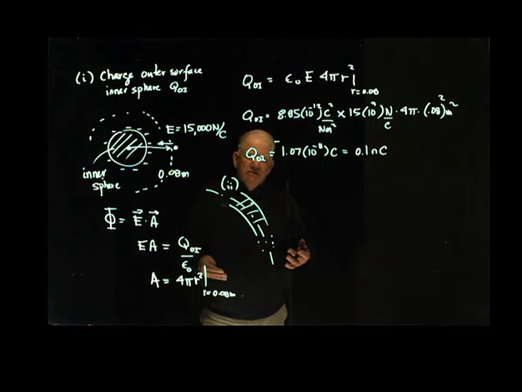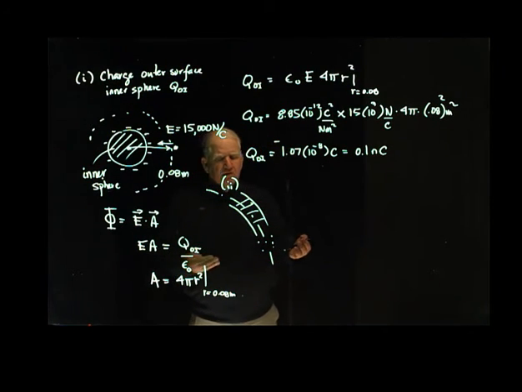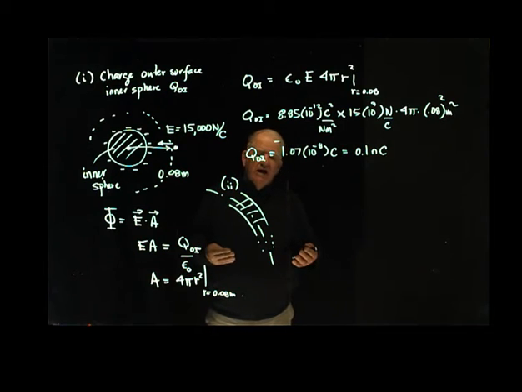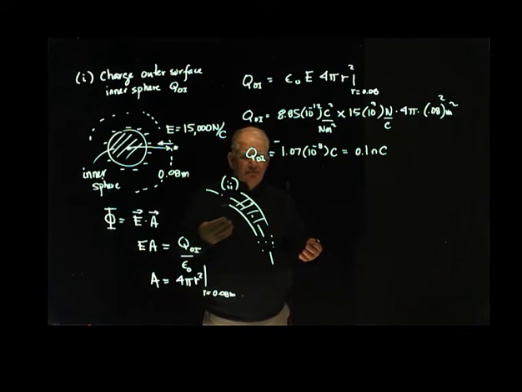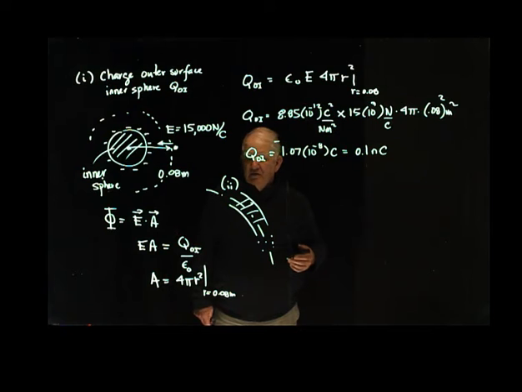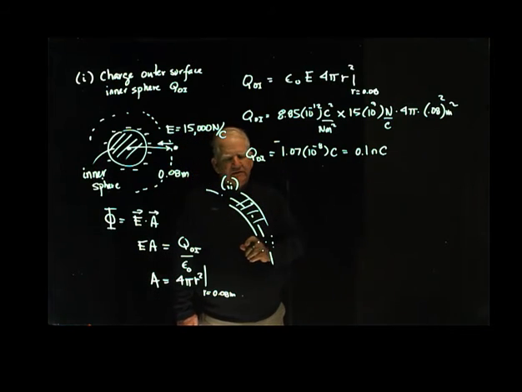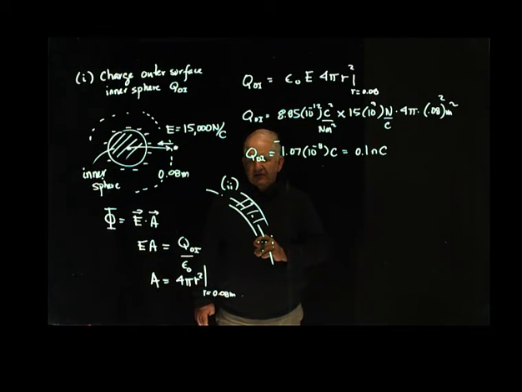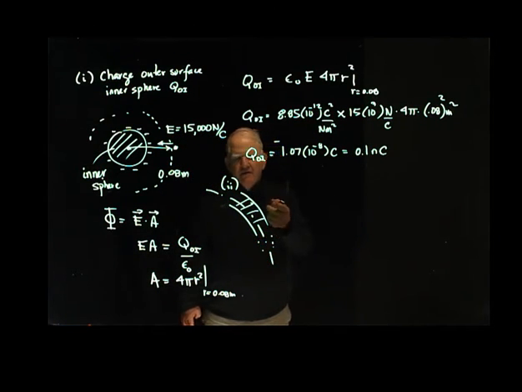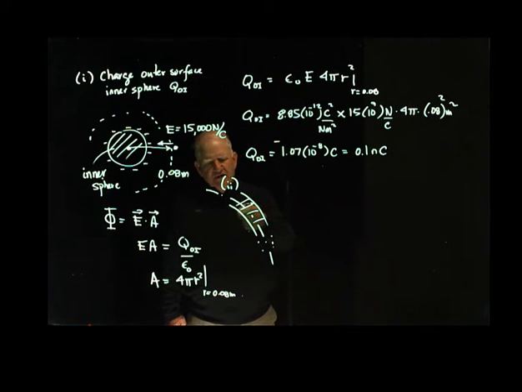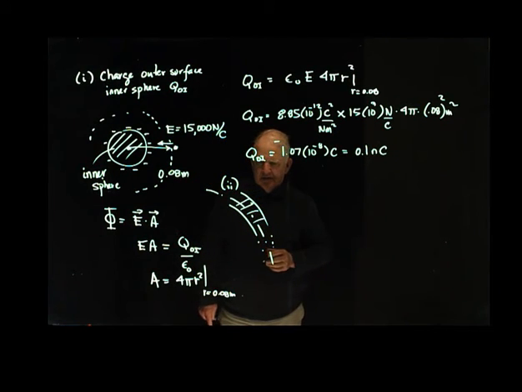The Gaussian surface that we just drew is spherical. It takes advantage of the fact that the electric field is radial, and that since this outer sphere is a conductor, the charge will either be on the inside or the outside.